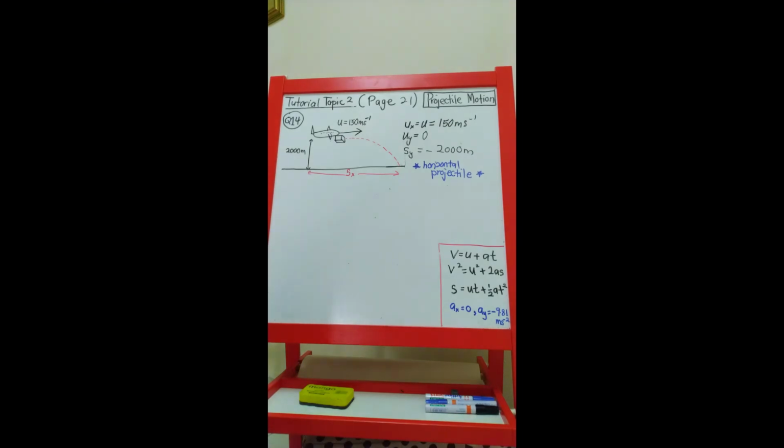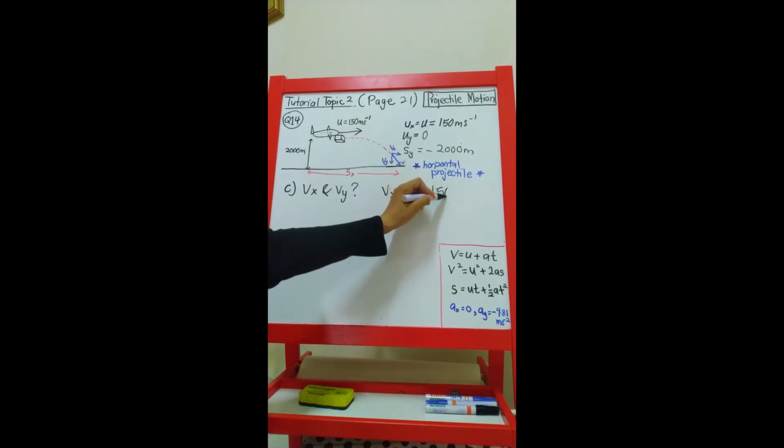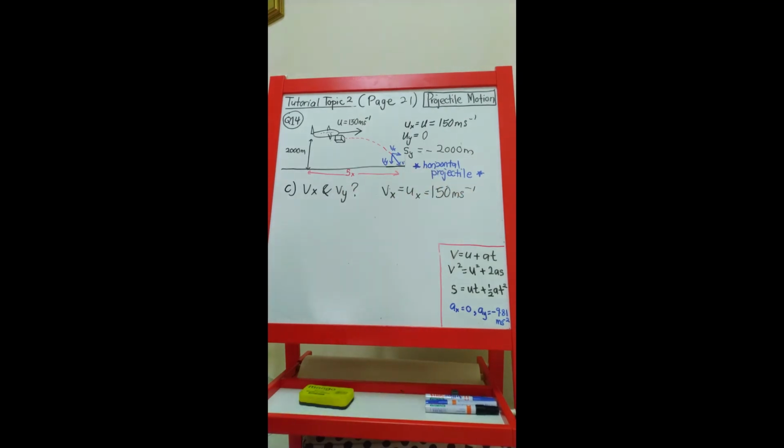Okay. Part C, it asks you to find the velocity for its horizontal and vertical components when it strikes the ground, meaning v here, but it asks specifically for its horizontal and vertical components. So basically for part C, you need to find vx and vy. So simple. vx equals ux. ux equals u, which is 150 meters per second, given in the question already.